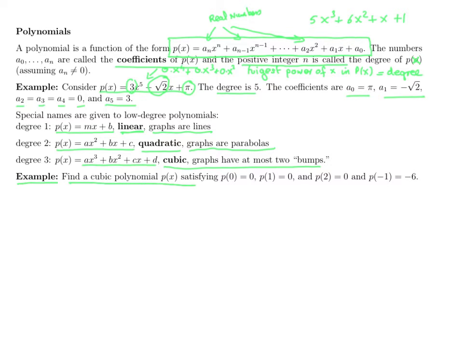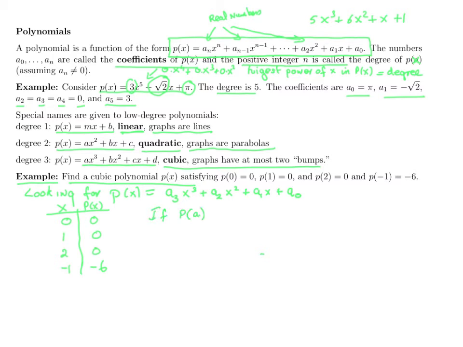Suppose we're looking for a cubic polynomial which fits these 4 data points. So we're looking for a function of that form which fits this set of data. Now remember when we talked about polynomials before, we said that if p evaluated at some a is 0, then x minus a divides p of x, or is a factor of p of x.